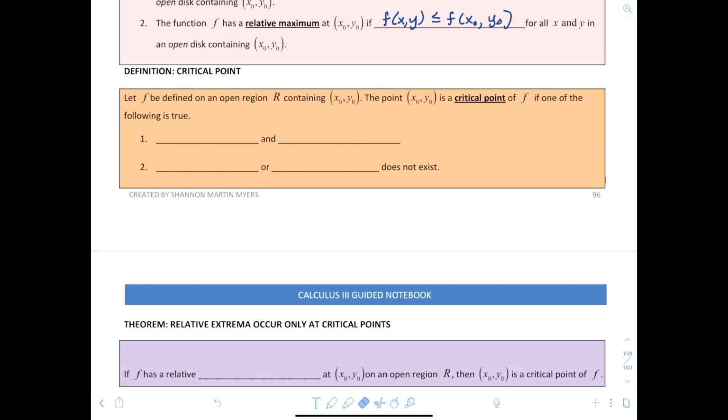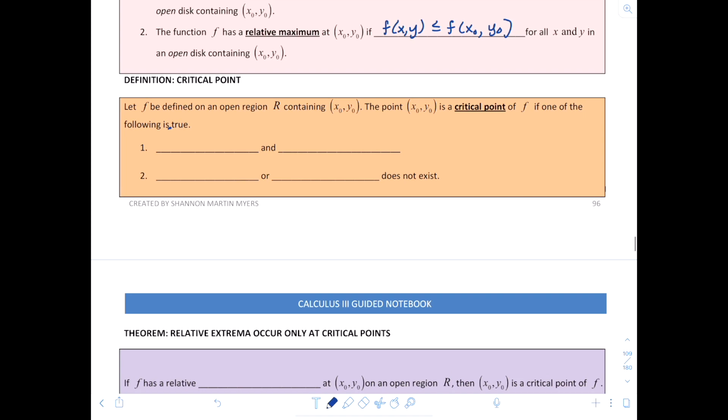fx at x0, y0 equals 0 and fy at x0, y0 equals 0.